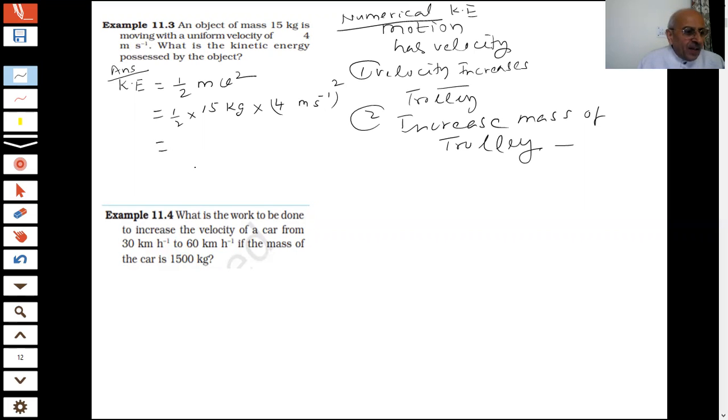So how much are you getting? 4 squared is 16, half of 15 times 16 is 120. And what are the units? Kilogram meter squared per second squared. This is nothing but 120 joules.